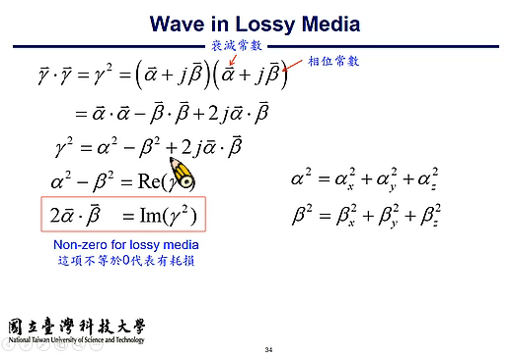So what are the implications of this? If the dot product of alpha and beta is non-zero, then this non-zero term suggests we will have attenuation, we will have loss in the medium.